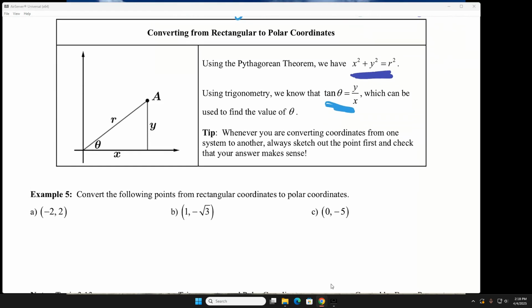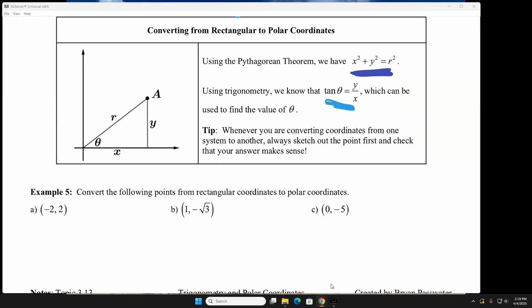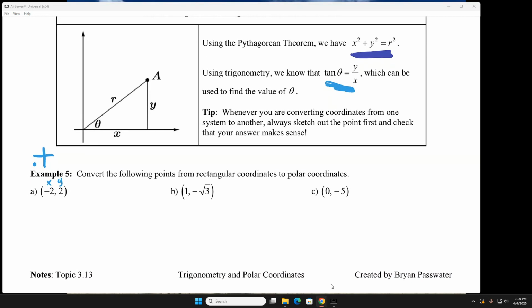So, for example, 5a, I have the point negative 2, 2. So left 2, down 2. That's our point that we're trying to find the polar coordinates for. So we're starting off with x's and y's, and we need to change to r and theta. So to get r, we're going to do x squared plus y squared equals r squared.